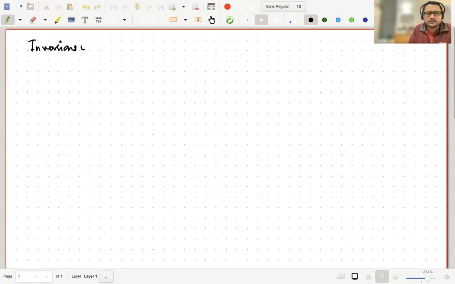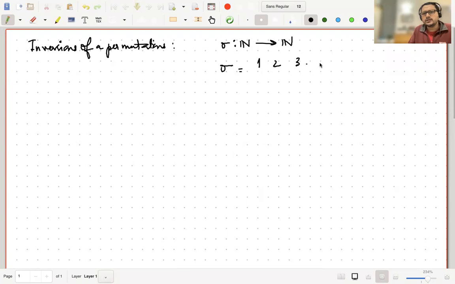For us, permutations are bijections from the set of natural numbers to the set of natural numbers. We'll denote it by sigma, which will be something like this: 1, 2, 3 up to n, and then sigma 1, sigma 2, sigma 3 up to sigma n.